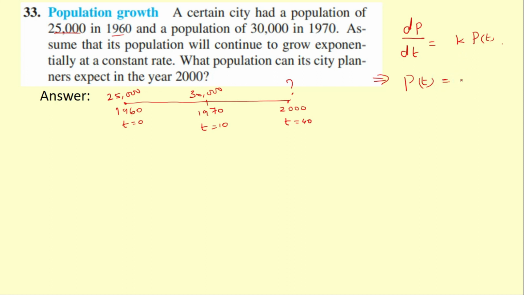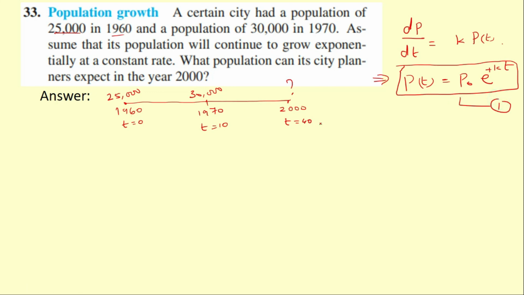P0 is the initial population. This is not minus k, this is plus k. If it is decay, then it will be minus k. So this is the equation we are going to use to solve this population growth problem. Call it equation number 1.